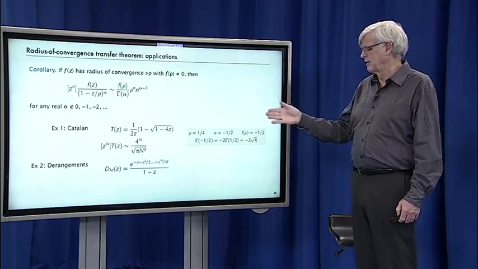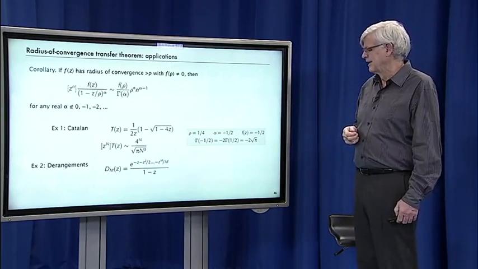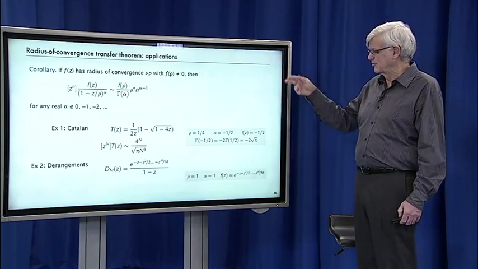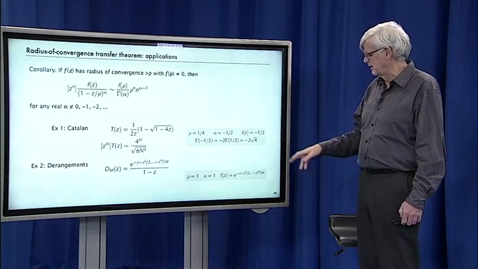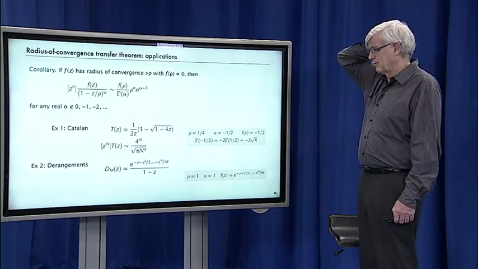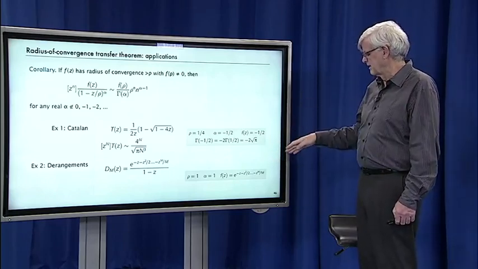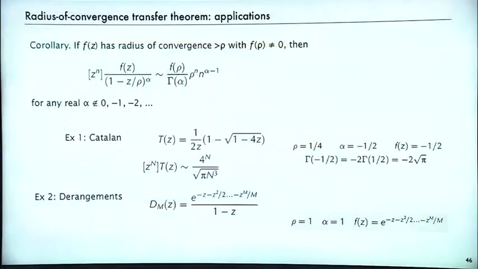So for the number of generalized arrangements, we had this complicated function. Not so complicated with this transfer theorem. Now we have alpha equals 1, we have rho equals 1. Our function is just e to the minus z. So all we need to do is evaluate f at 1. That's e to the minus 1 minus 1/2 up to 1 over m.